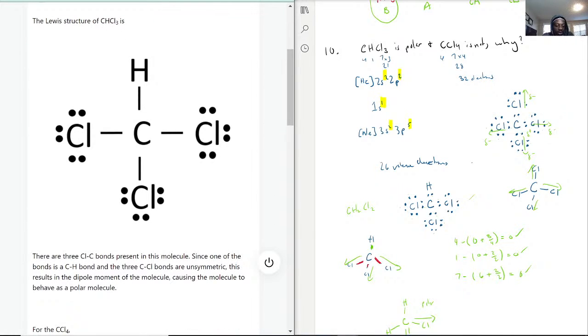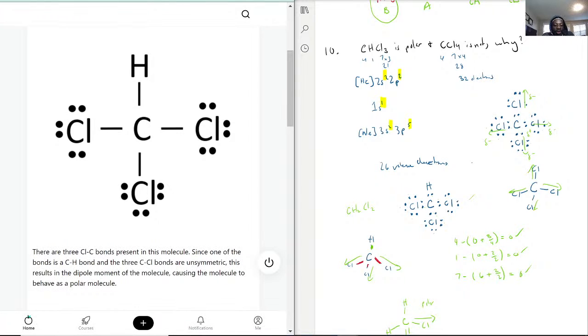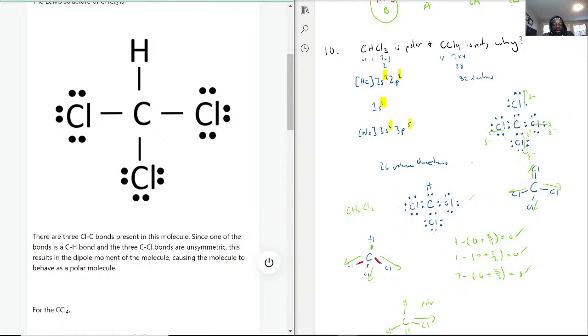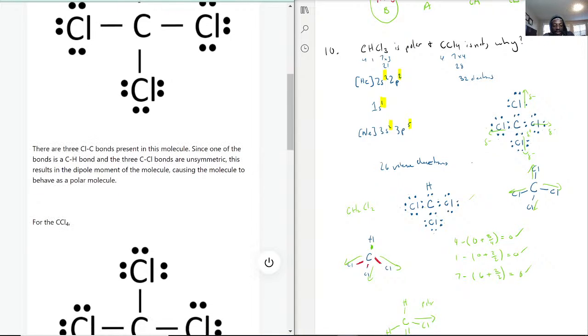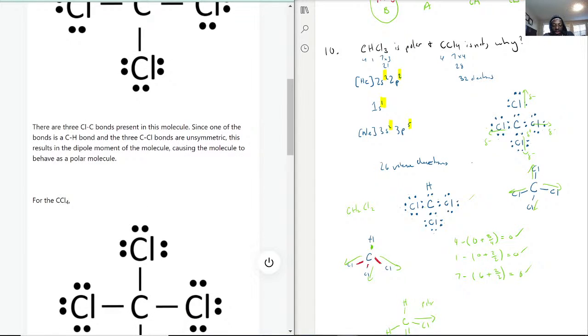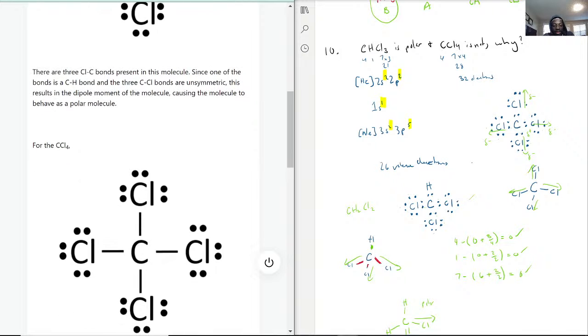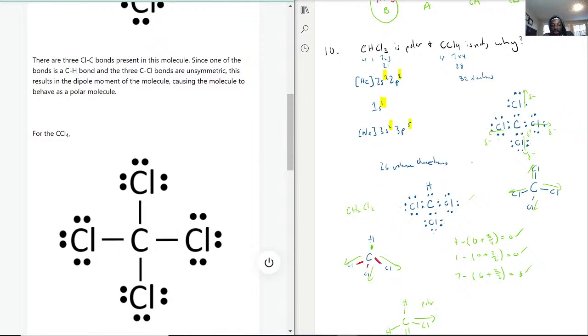Okay, so let's see here. We have CHCl3. You can see clearly with the Lewis diagram that the chlorines are quite different from the hydrogen, but more importantly, the electronegativity is different, and it's asymmetric, which results in a net pull, causing the molecule to behave as a polar molecule.